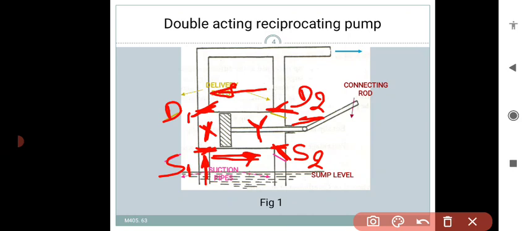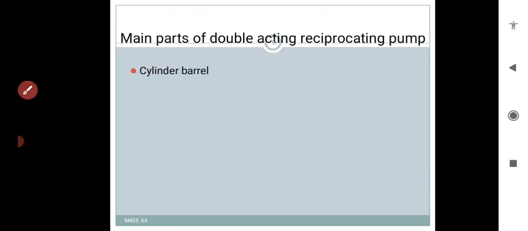When the piston moves from right side to left side, the suction 2 valve is open, the liquid from the sump enters the cylinder through suction valve 2, and the fluid on the left side of the piston is delivered to the delivery pipe through delivery valve 1. So the discharge in the double acting reciprocating pump is more uniform compared to the single acting reciprocating pump.